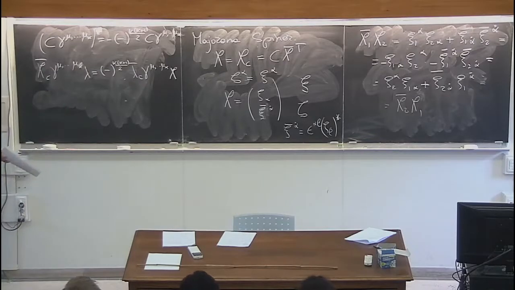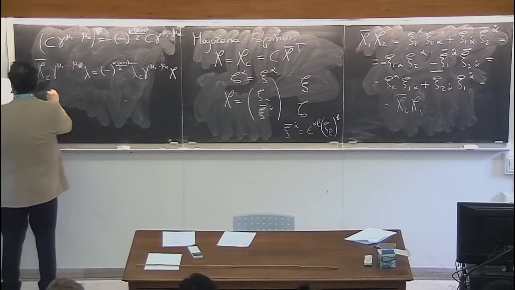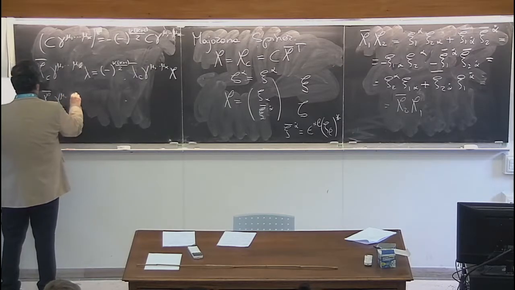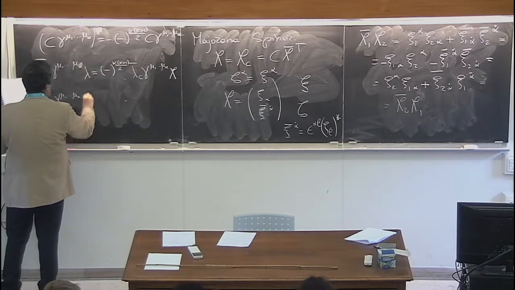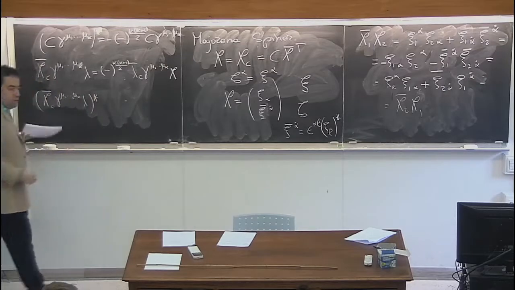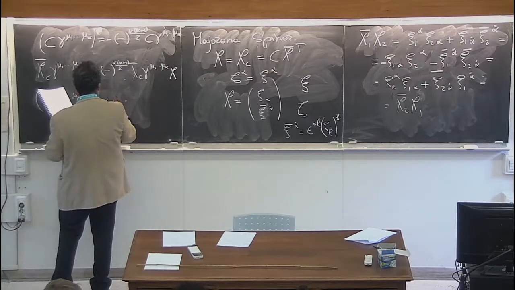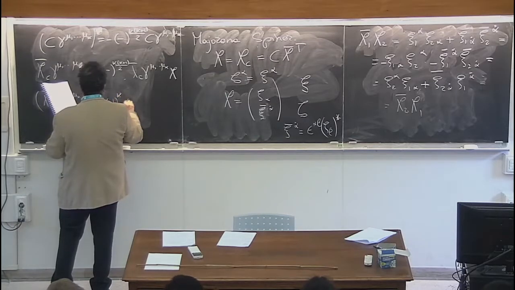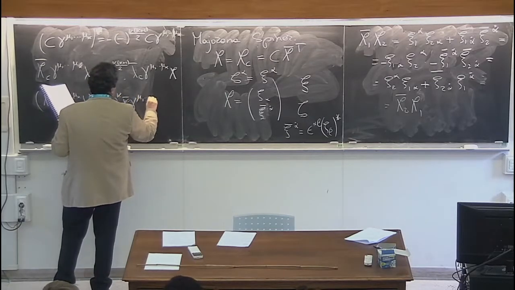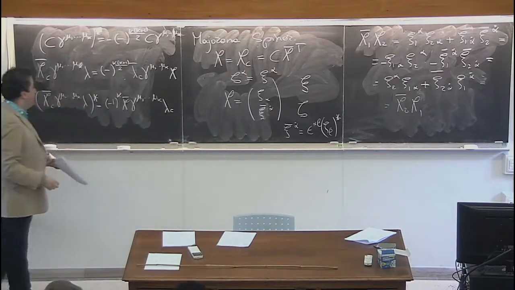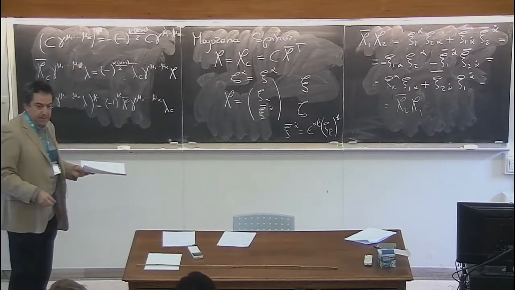This you can verify, check. And also chi bar C gamma mu1 mu k lambda star. This is also something which occurs frequently in the calculations. This is minus to the power k, chi bar gamma mu1 mu k lambda C. You can check these.